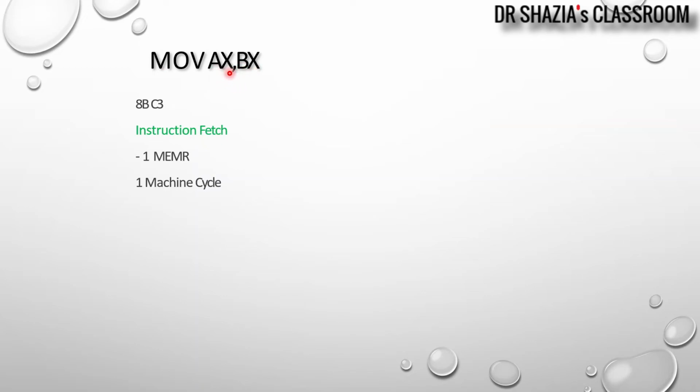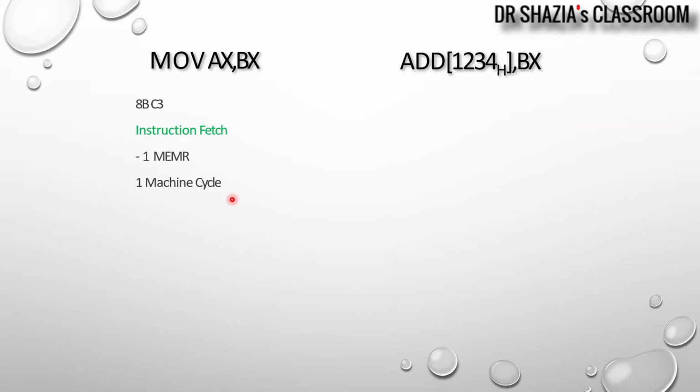The destination AX is also internal to the processor, so for the store operation also, we do not require any bus cycle. So basically, MOV AX, BX requires only one machine cycle. In this case, one instruction has one machine cycle only.